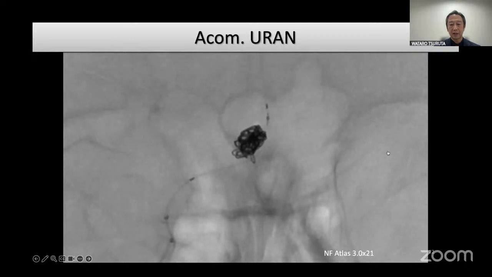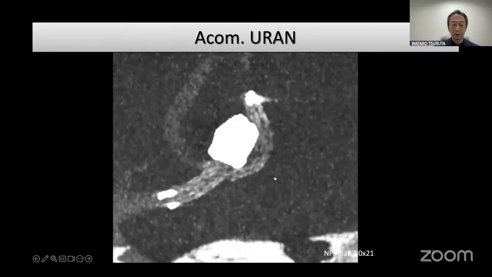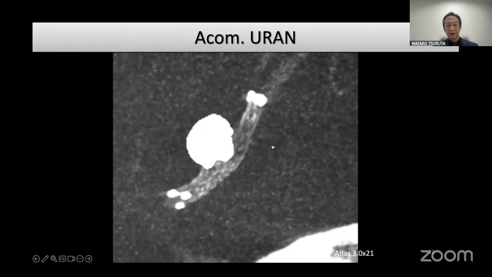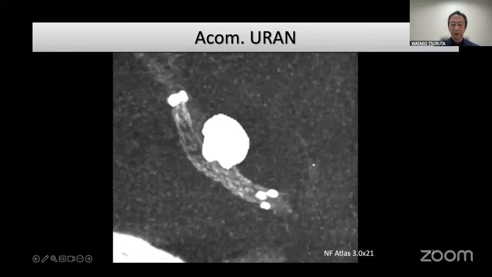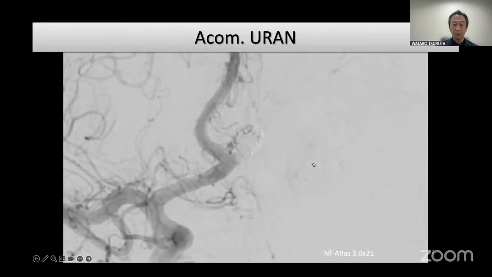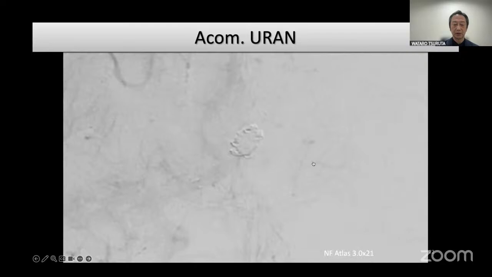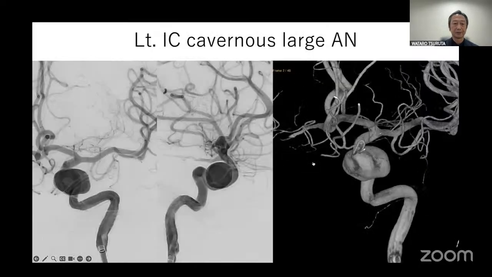This stent is a laser cut stent, very soft with good conformability to the vessel wall, and nicely deployed. The coil loops recovered into the aneurysm, with good conformability and without any complication. The follow-up angiogram demonstrated complete obliteration.